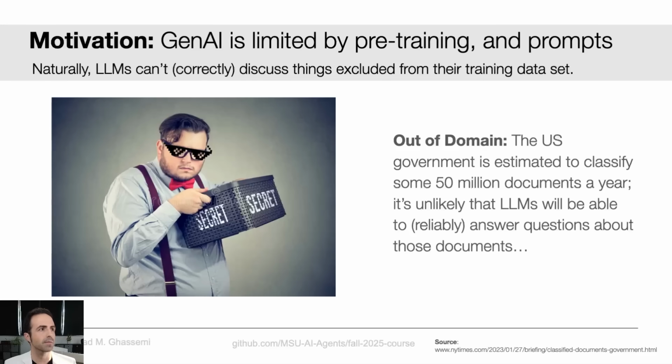First problem, generative AI is limited by its pre-training. So you probably are aware that large language models developed by Google, OpenAI, Meta, and so on take these giant corpora, text from the internet, images from the internet.